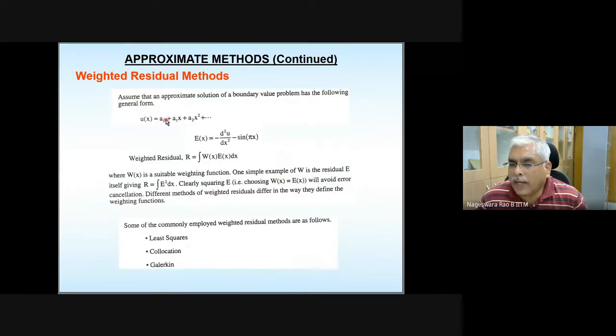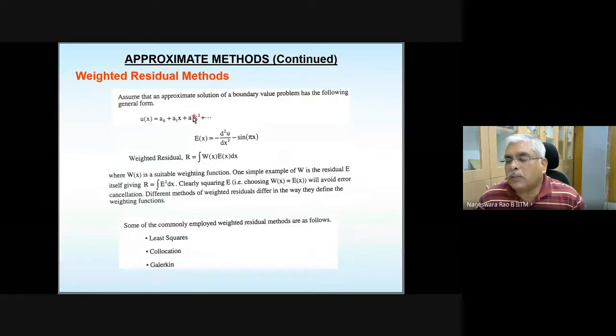A0 is to capture a constant, like if the solution is constant, A0 is going to capture it. If there is any linearity in the solution, A1 is going to capture it. If there is any quadratic kind of behavior, this term is going to capture it.